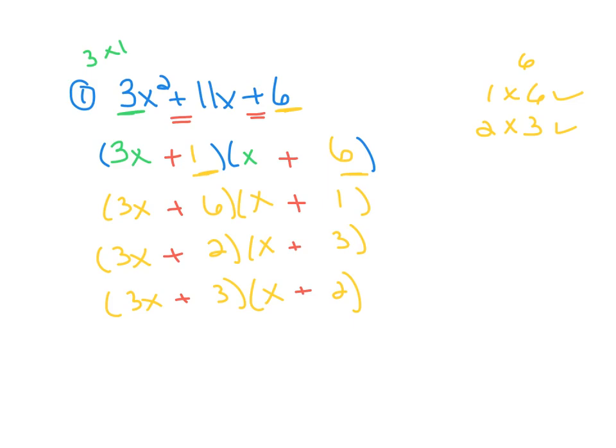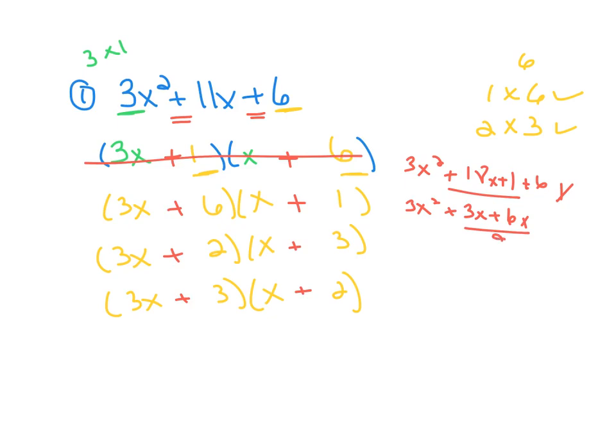So like I guessed the first one, 3x squared. So now I'm going to check it, and checking is done by multiplying outer and inner. Okay, that equals 19x. Wrong. Didn't work. This one, 3x squared plus 3x plus 6x. Okay, that gave me a 9x. Wrong. Did not work.